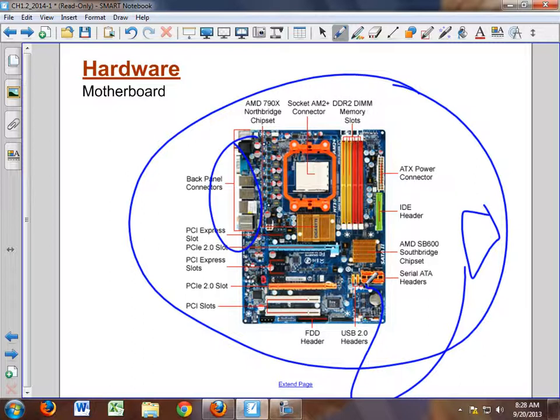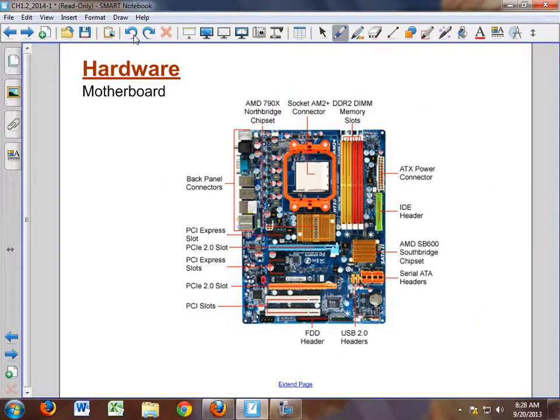Okay, so motherboard, everything connects to the motherboard. During the course section on motherboards, which is the first real section that we do, we're going to learn every single thing on that picture. In your test, I will say, where do I plug in a PCI card?